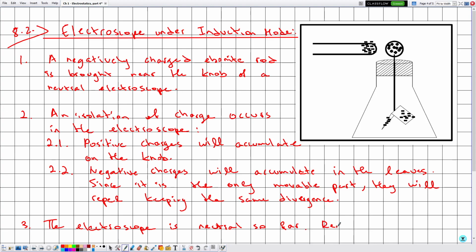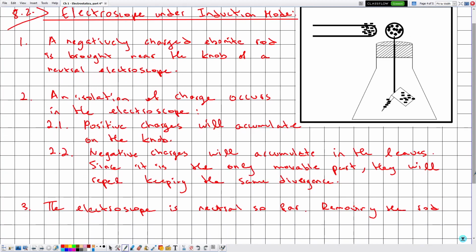Removing the rod far away will cause the leaves to collapse even without the grounding.